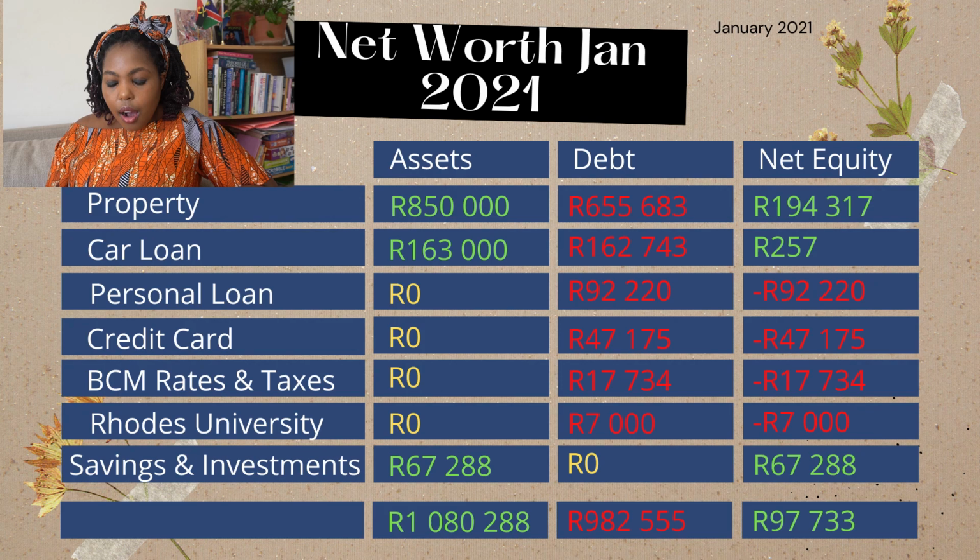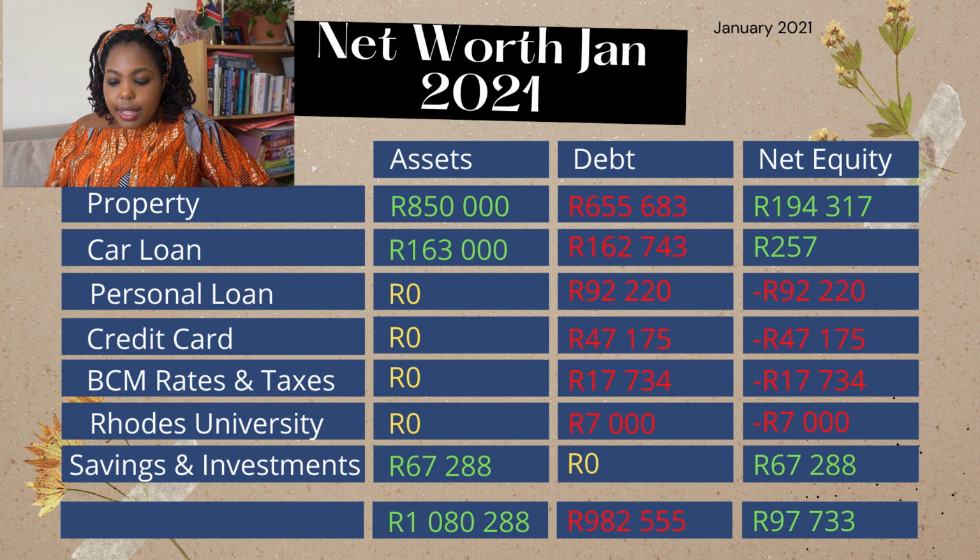And then for my car, here I actually used the market value of the car, which is 163,000 rands, and then subtract my outstanding debt. Obviously, when I'm talking about debt, I'm not talking about interest, because interest is calculated on a daily basis, so I don't factor that in.